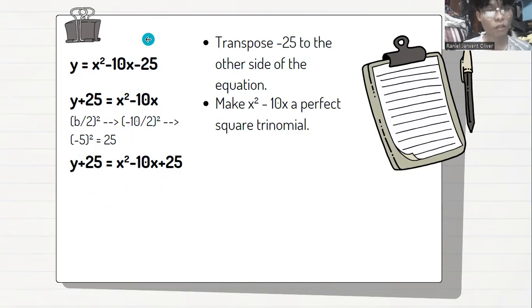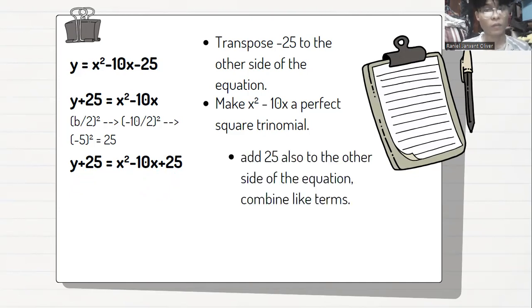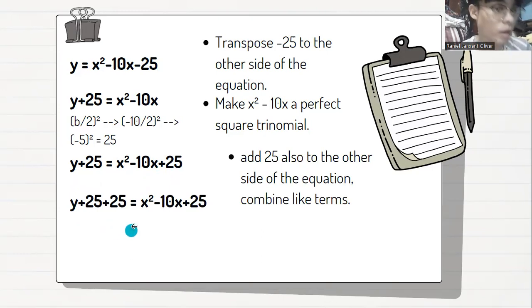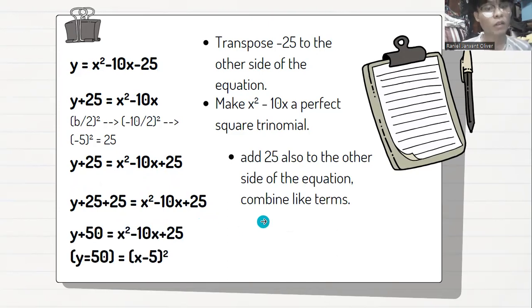We see the difference between the first equation and the perfect square trinomial form of the x variable. Since we added positive 25 on the x side, we also need to add 25 on the other side of the equation. In doing so, we are left with y plus 25 plus 25 equals x squared minus 10x plus 25, and combining like terms, y plus 50 equals x squared minus 10x plus 25.